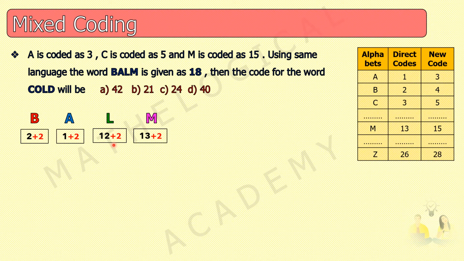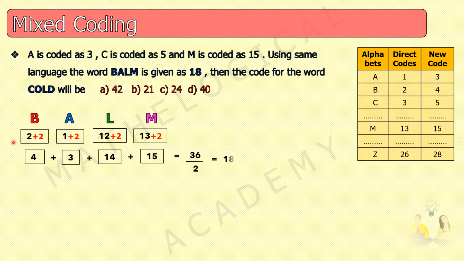We get our numbers, that is 4, 3, 14 and 15. Now we'll try combinations. Direct addition, we get 36, divided by 2, we'll get 18. Let's try this for cold too. Cold.